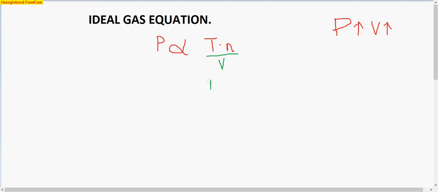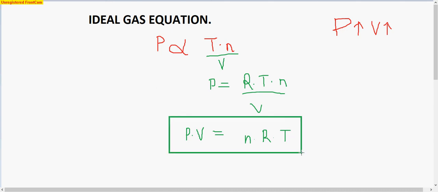So let it be a proportionality constant R, R into T into N divided by volume. Now we can write it as pressure into volume is equal to N into R into T. This is what is called the ideal gas equation.